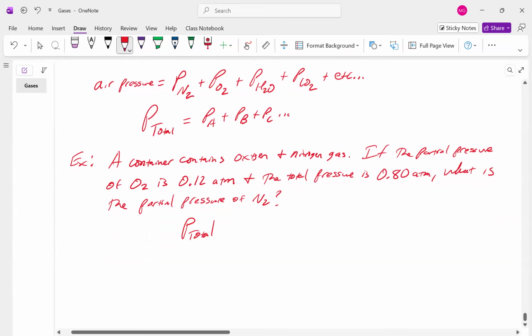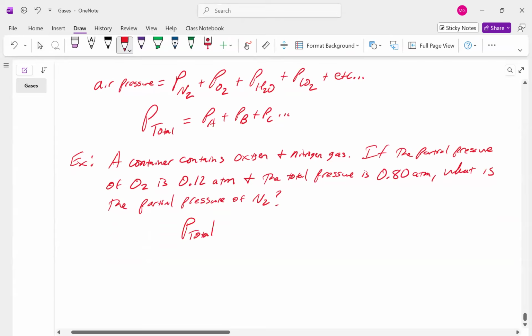So, total minus pressure of oxygen. And the total pressure is 0.80 atmospheres. Partial pressure of oxygen is 0.12 atmospheres. And so that comes out to 0.68 atmospheres.